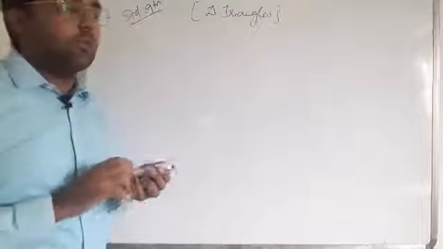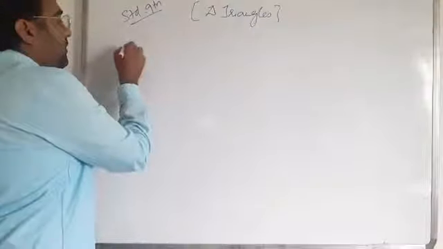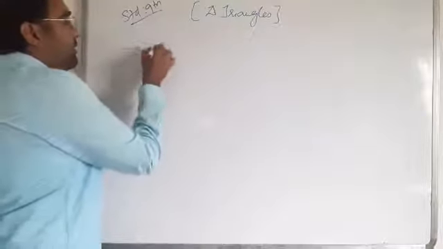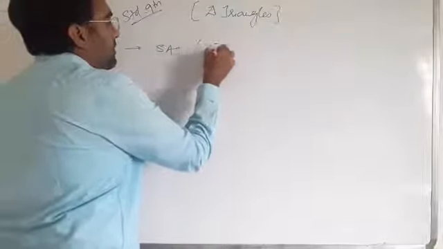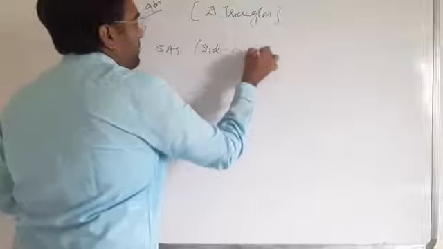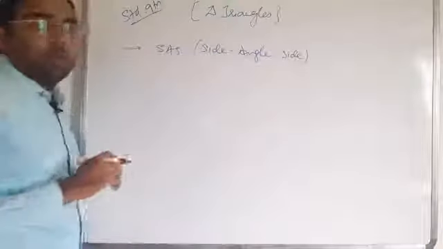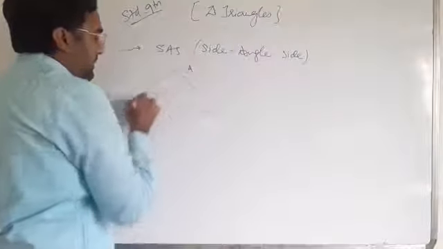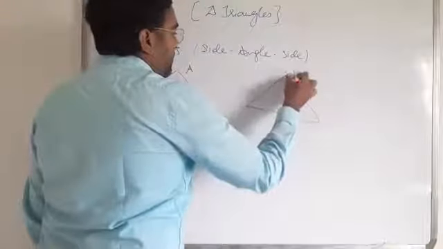If I take one of the criteria of triangles, that is side angle side, SAS, here we have two triangles ABC and PQR.